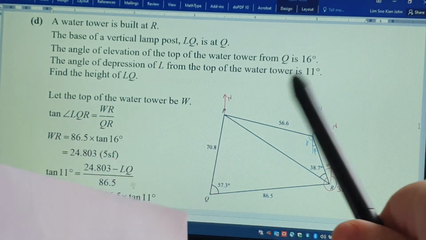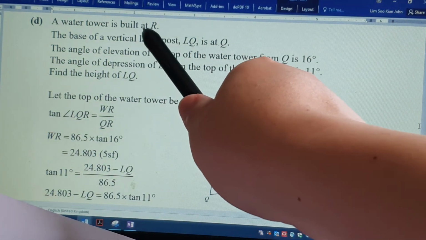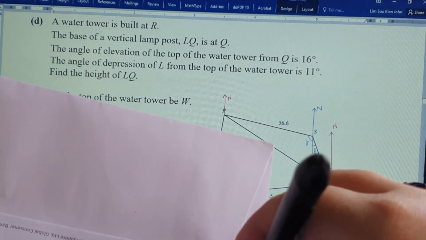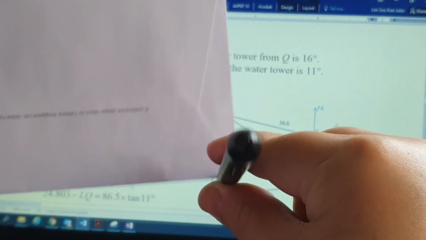But there is a tower at R. So when we look down on R, it's actually like a point. You see what I mean?